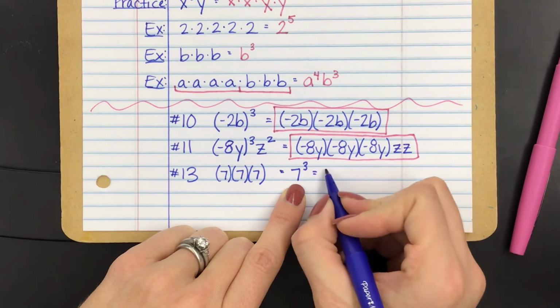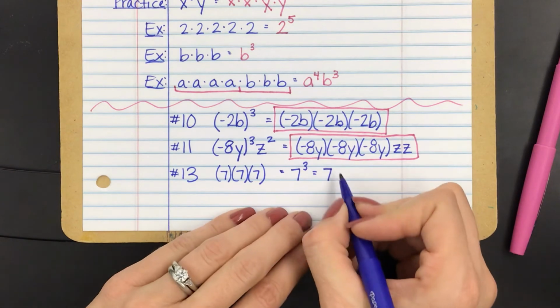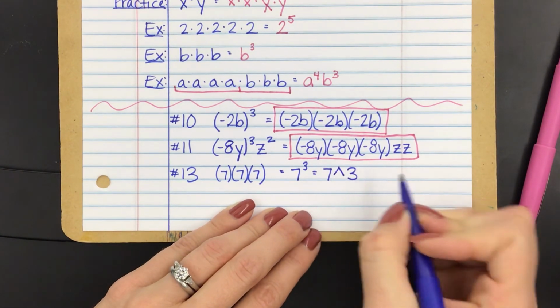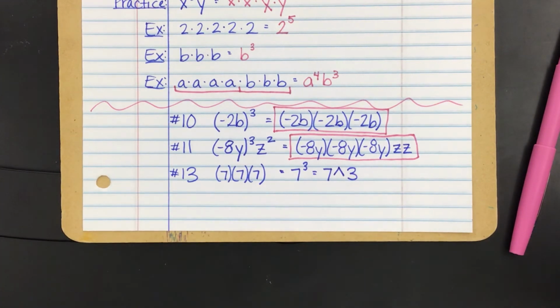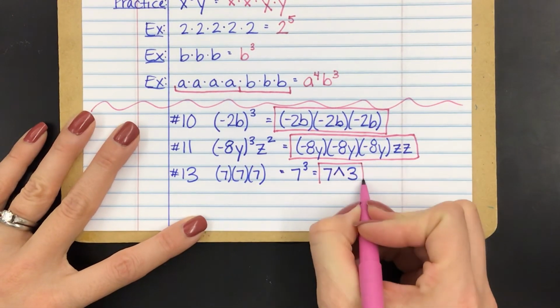What I want you to do is write 7, and then use the little hat above the 6, and then put a 3. We often use that little cap symbol just to show that that's an exponent. So that would say 7 to the third power. This is how you put it in the answer checker.